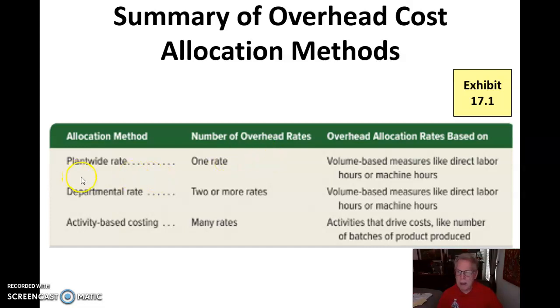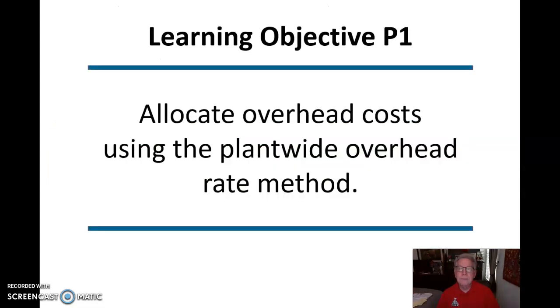The departmental rates, we're going to have two or more rates. It's also going to be based on a volume-based measure like direct labor hours or machine hours. But activity-based costing is different. We have many rates, and those activities drive the costs, like the number of batches in which the product is produced. We'll get into that a little bit more. I know that's a little unfamiliar right now.